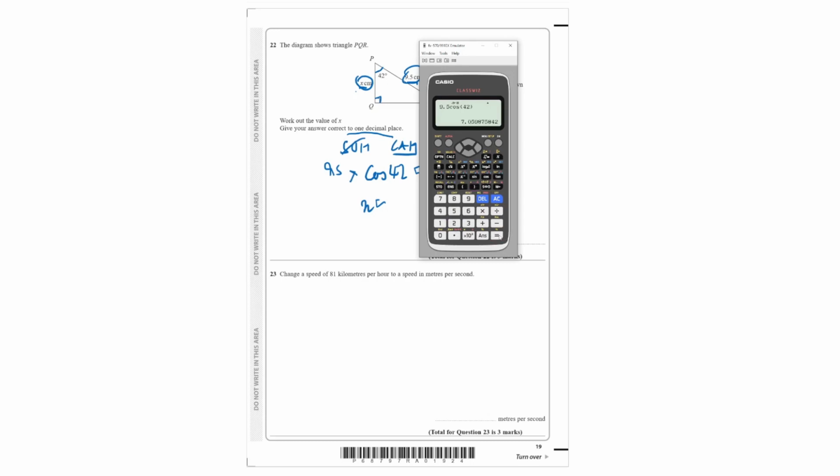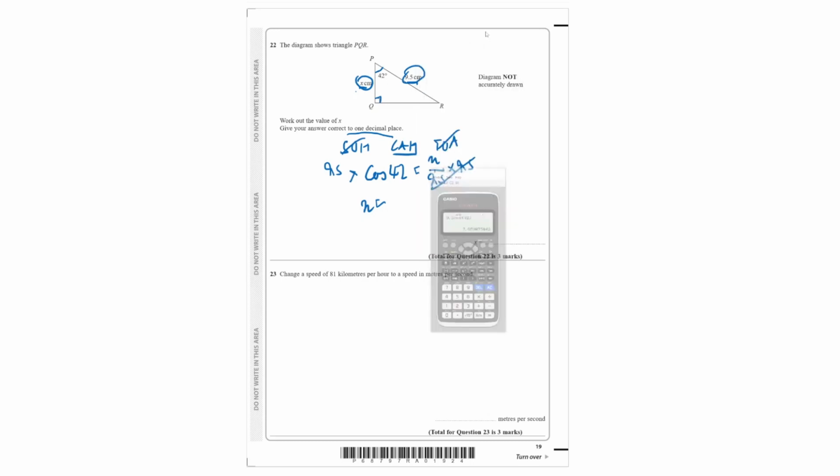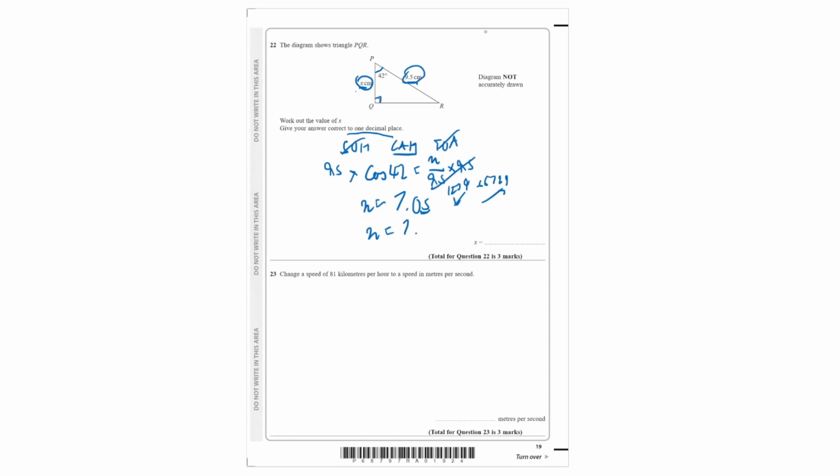We get 7.05. And since we have to write to one decimal place, we simply look at the value after, which is 5. And since 1, 2, 3, 4, we round down, and 5, 6, 7, 8, 9, we round up, 5 means we round up. So we have x is equal to 7.1 centimeters.